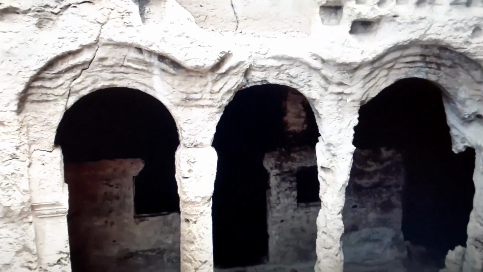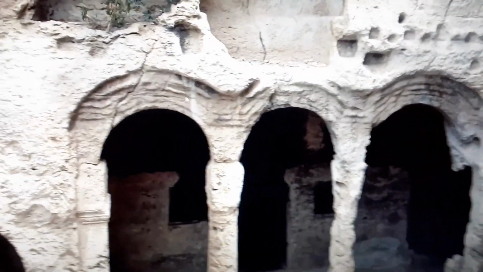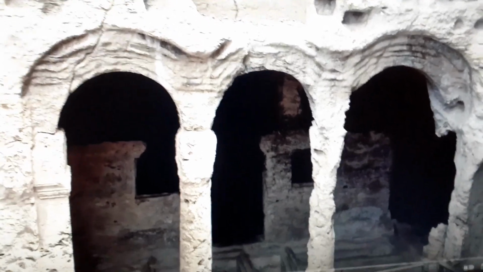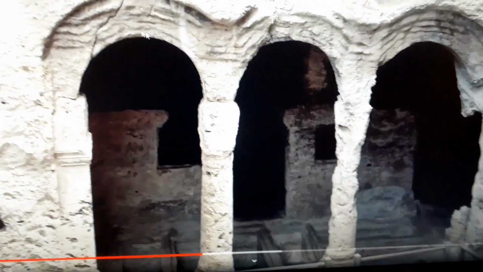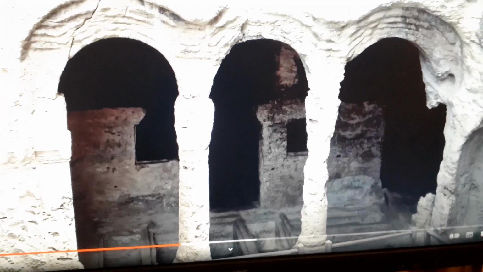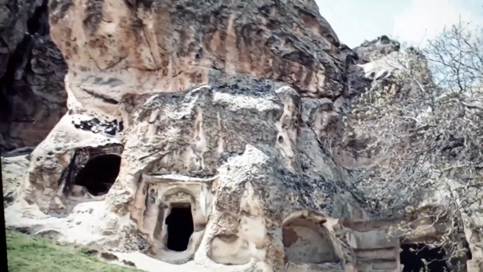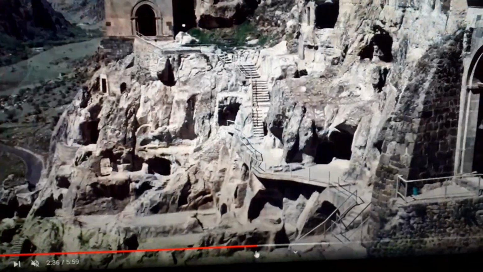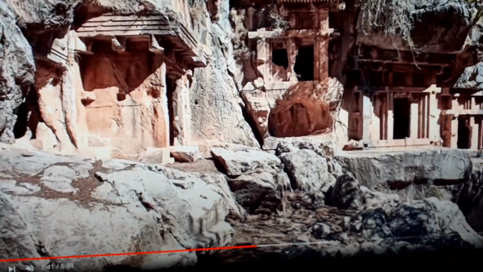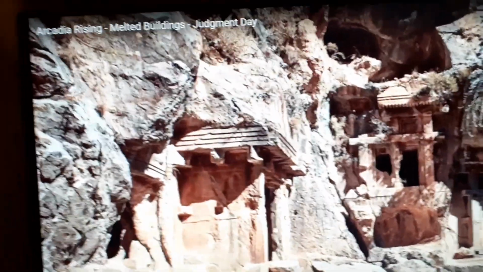Again here, I'm not really seeing melting. It's just like wearing down of sandstone, which implies that it was either carved out of wood and then petrified, or they carved it out of stone, a sandstone. I like all this here, like carving it.